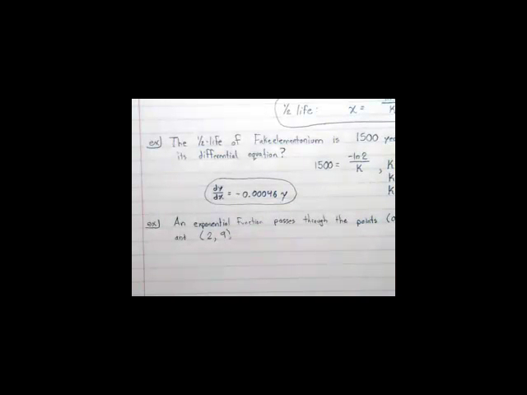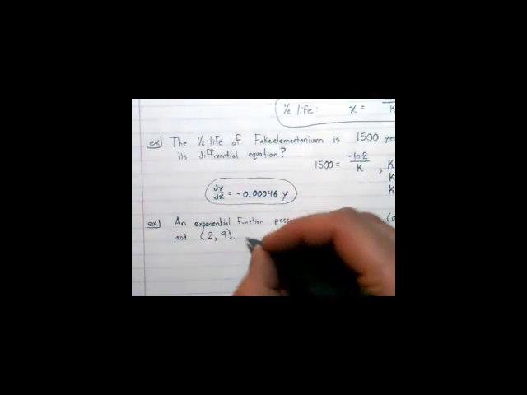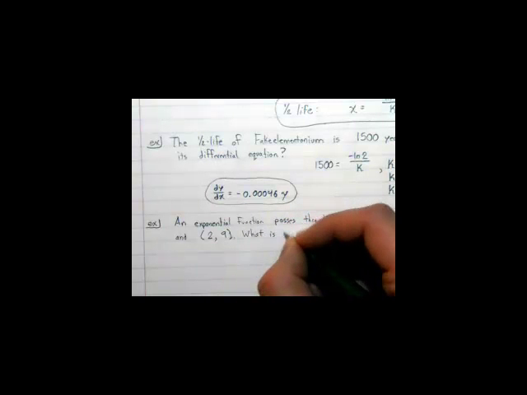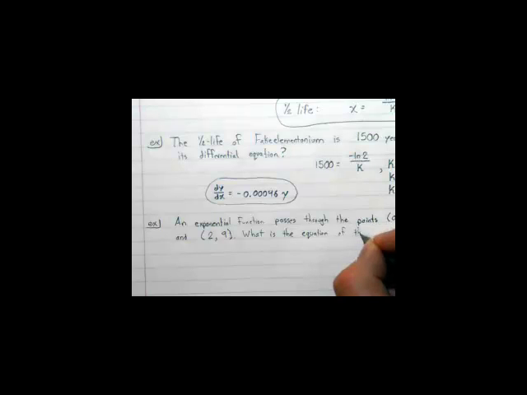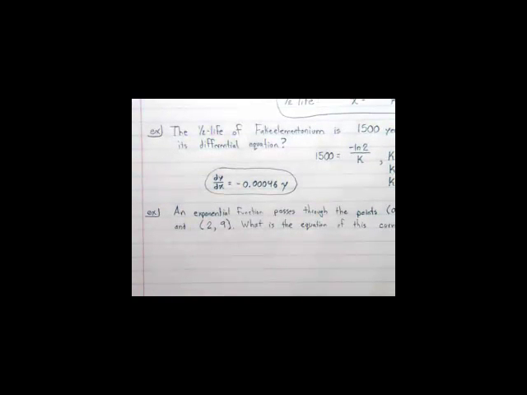Just giving you a couple of points that it passes through. What's the equation of that exponential curve?